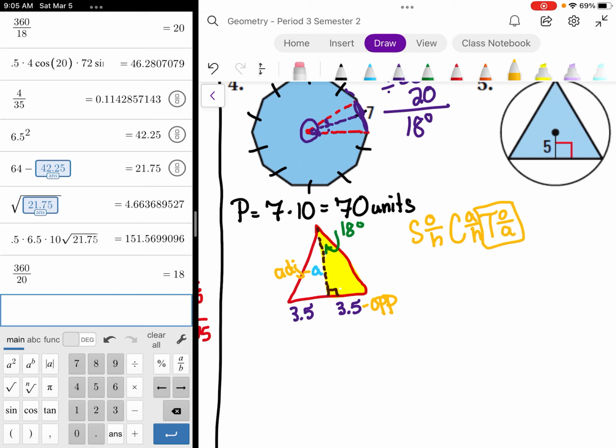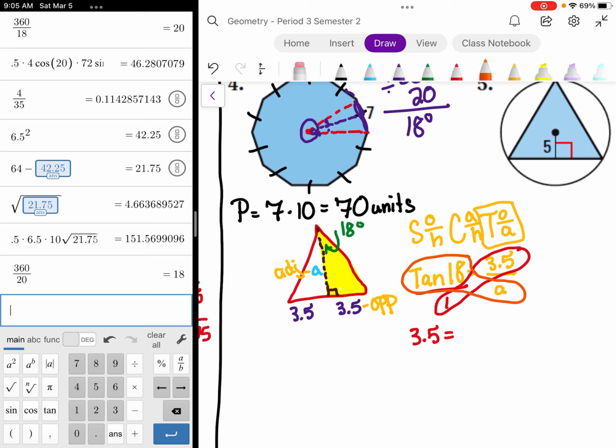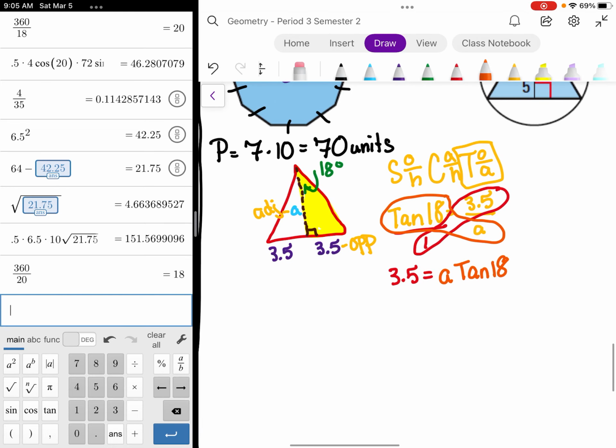When we write that out, we would have tangent of 18 equals 3.5 over A. And at this point, we can go ahead and cross multiply, and we would get 3.5 equals, and when you take a number or a variable multiplied by a tangent function, that value is just going to go in front. So we're going to have A tangent of 18. And our goal is to get A by itself, so we're going to divide both sides by the tangent of 18.